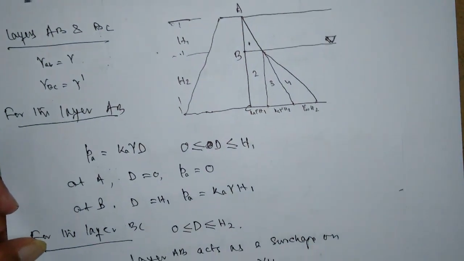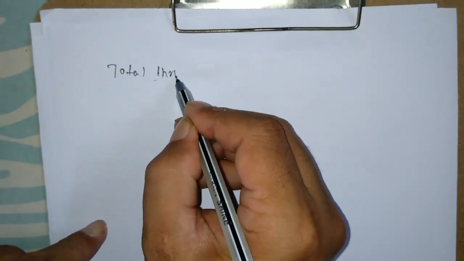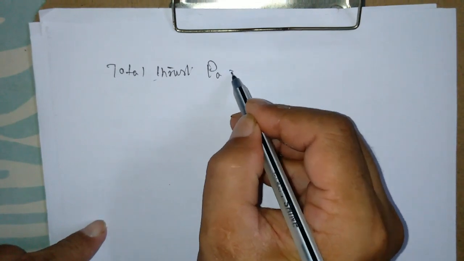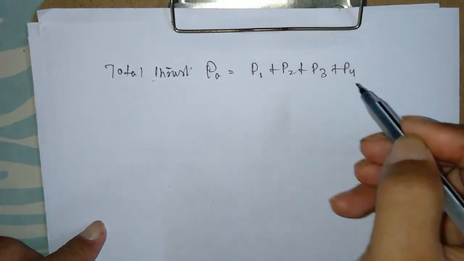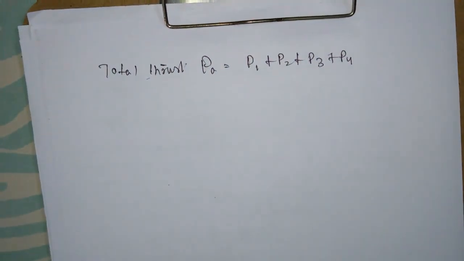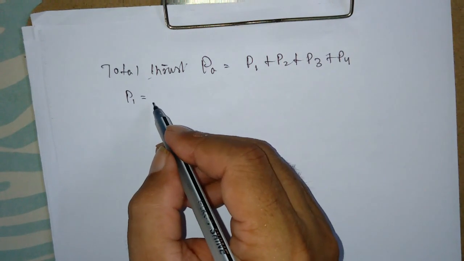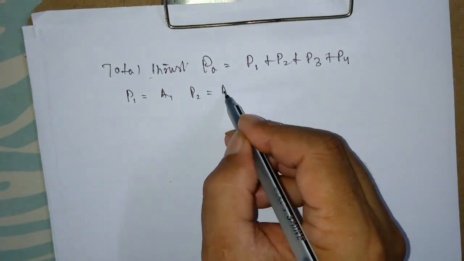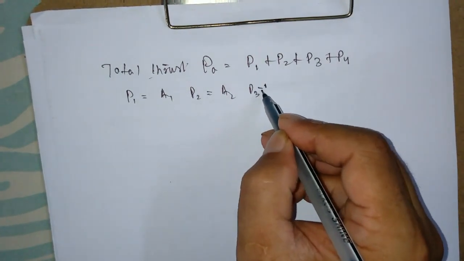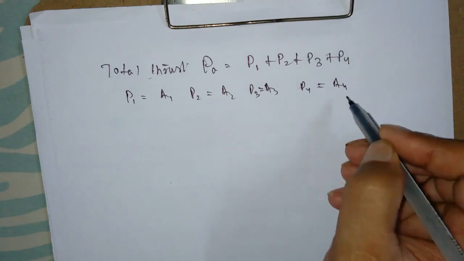So the total thrust PA consists of P1 plus P2 plus P3 plus P4, where P1 is the area of the first diagram, P2 is the area of the second diagram, P3 is the area of the third diagram, and P4 is the area of the fourth diagram.